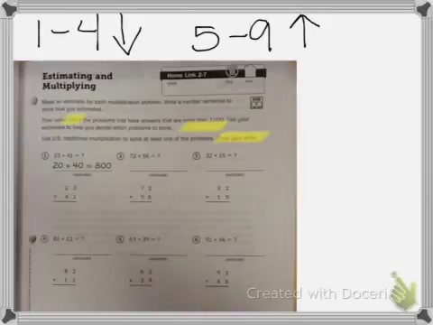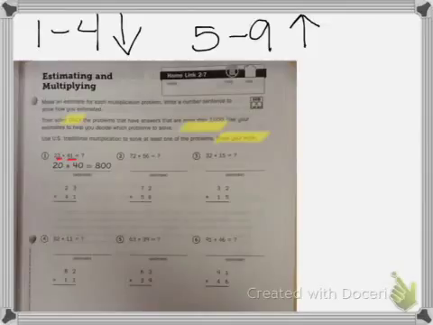So if we take a look at the first one, we have 23 times 41 equals. So we are looking to round to the nearest 10. So we're looking at the ones. 23 is between 1 and 4. I round down to 20. 41 is a 1, round down to 40. The estimate is 800. Do I need to solve? No. Let's look at the next one.